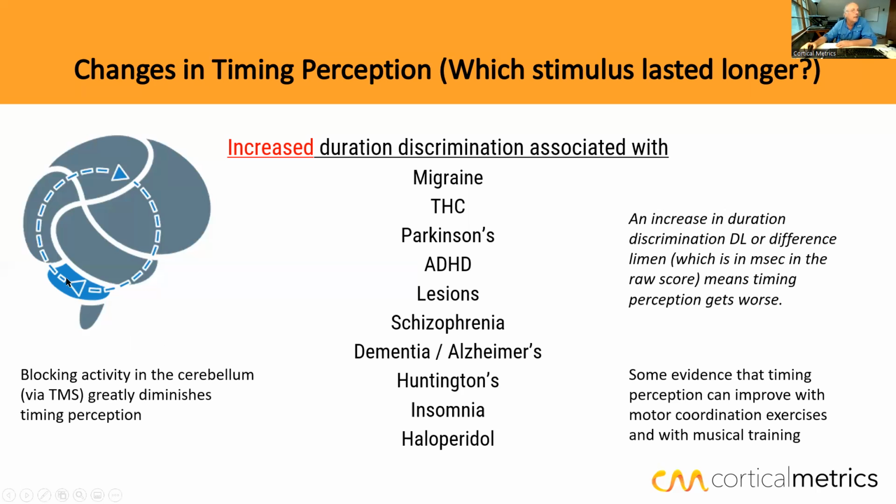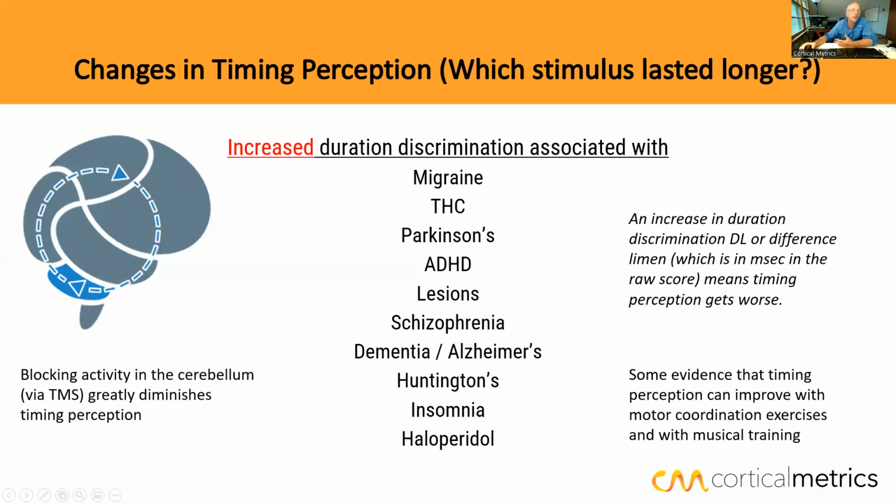So there's a couple of ways to identify what different measures do. One way, obviously, was blocking that activity. Another way is to look at all the neurological disorders that have problems with timing perception, and you sort of start to deduce where it is. Things like THC are systemic.